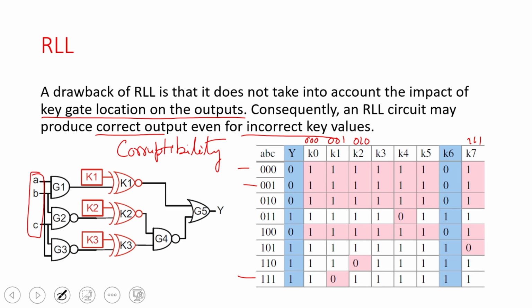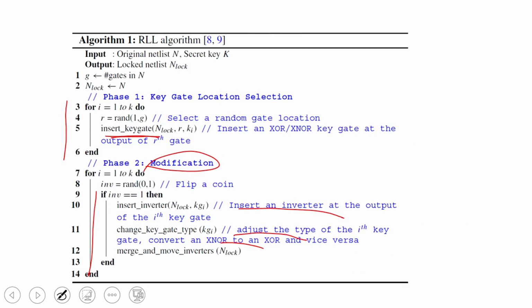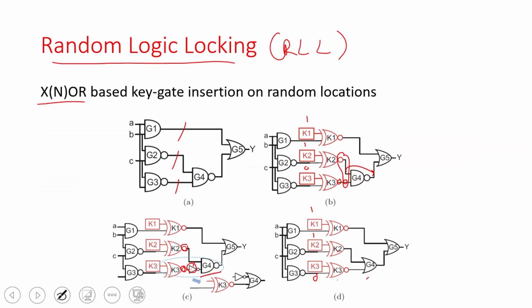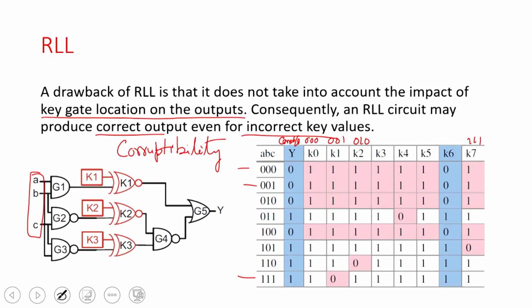If the circuit is small, you can actually create this truth table, right. So, if you give this value, what is the correct output? This is your correct output. For this input, the original circuit would have produced this output. For this input, this is the output and so on. Okay.